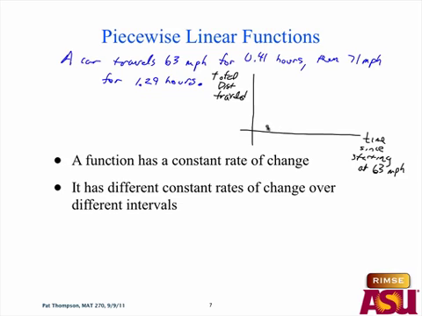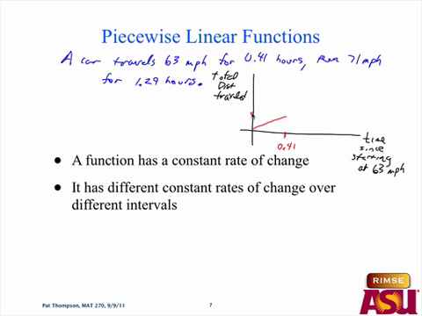So what's this going to look like? It's going to be a line with positive slope for the first 0.41 hours, and then that slope is going to increase. So this is how many hours right here? 0.41. And that y value would be 63.